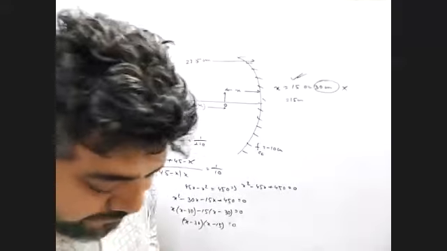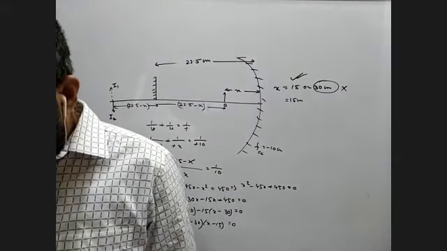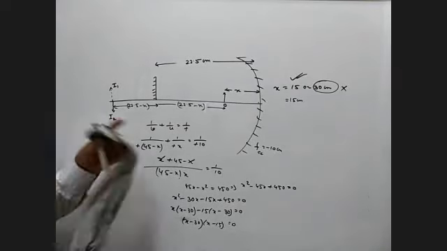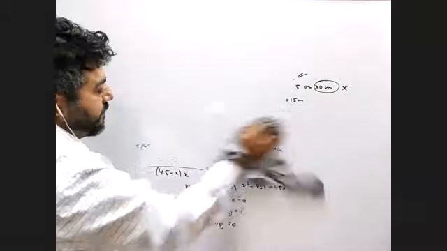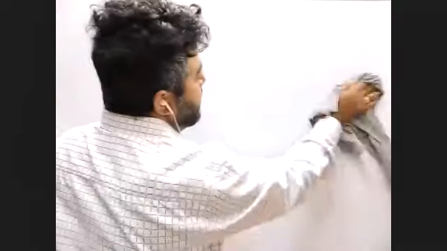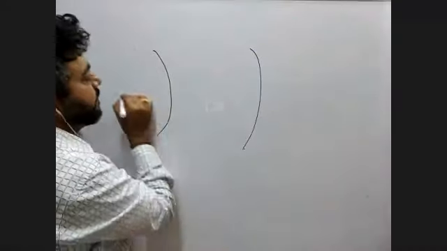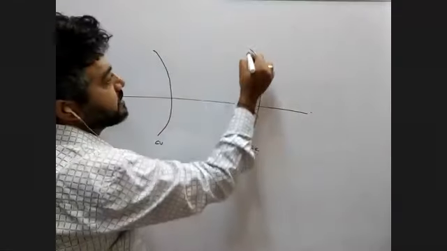Now the second question. If you see the second question, you have two curved surface or two curved mirror. One is the concave, one is the convex.